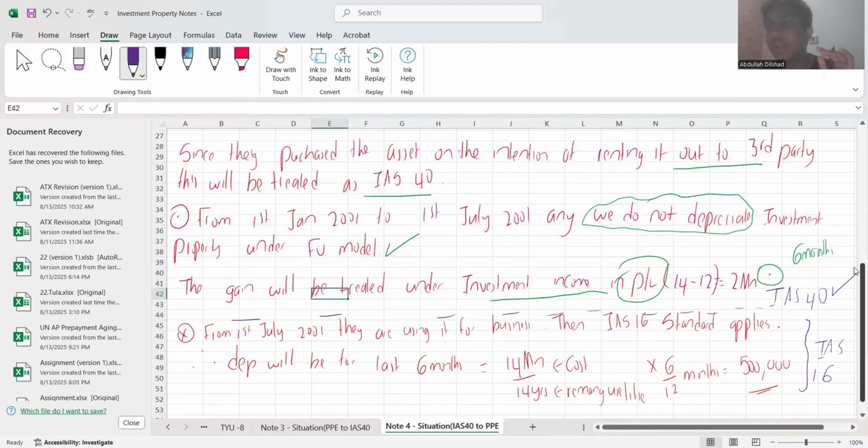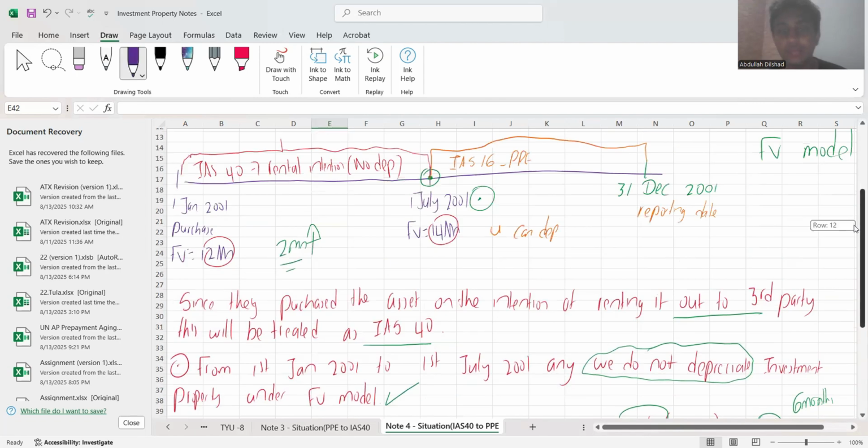The least that you all could get would be an MCQ or an adjustment. If you all know how to adjust, that mark is yours. Trust me. Okay. Now, coming back to our timesheet. From 1st July 2001, obviously we have to start using IAS 16, right? So what will happen? We can depreciate from 1st July.